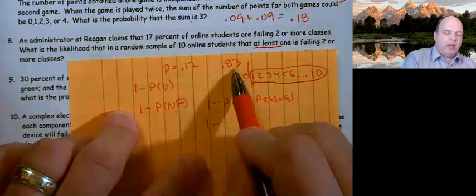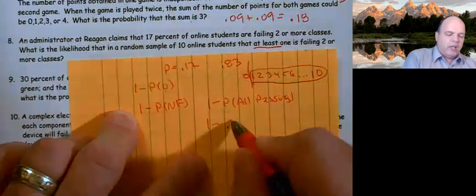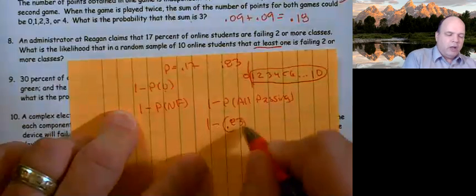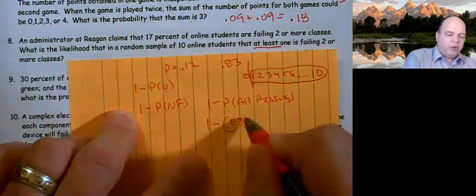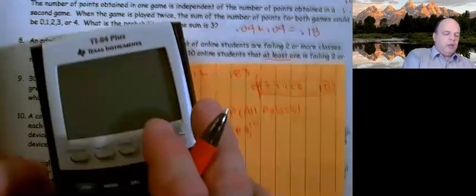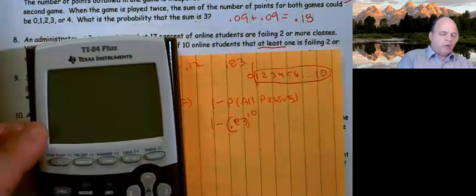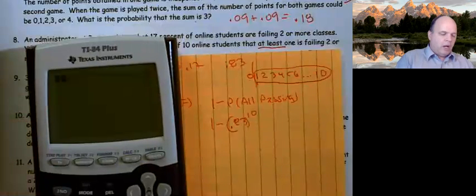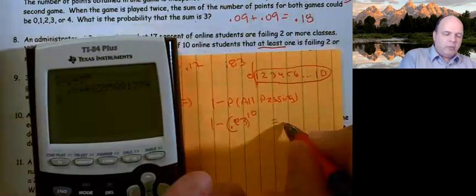What's the probability of passing? 0.83 times 0.83 times 0.83, so 1 minus 0.83 to the 10th power. So that would be how we would do this based on what we previously knew. 1 minus 0.83 caret to the 10th power, and we end up getting 0.8448. So this is my answer.